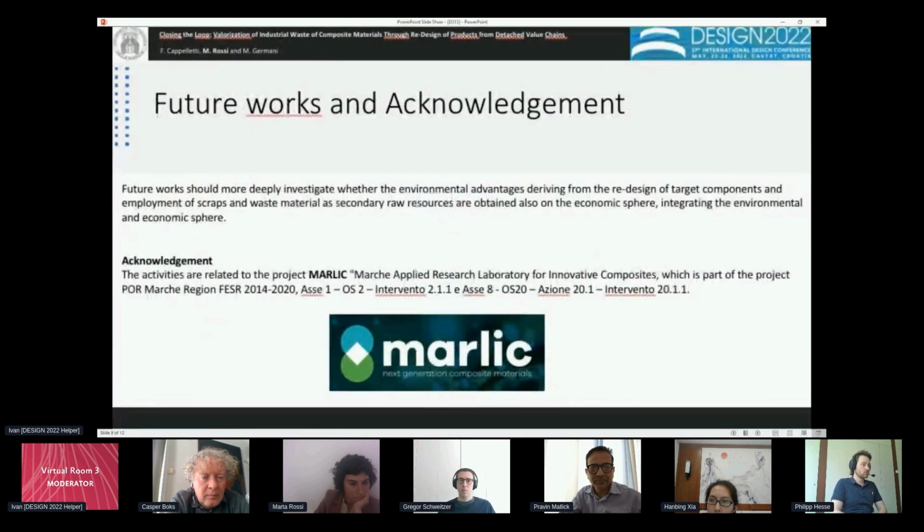Future work will consist in integrating also the economic sphere in the analysis, in order to integrate environmental and economic considerations inside the same method. The research work has been realized as part of the project Mallick, which foresees the creation of a research laboratory for innovative composites inside the Marche region.